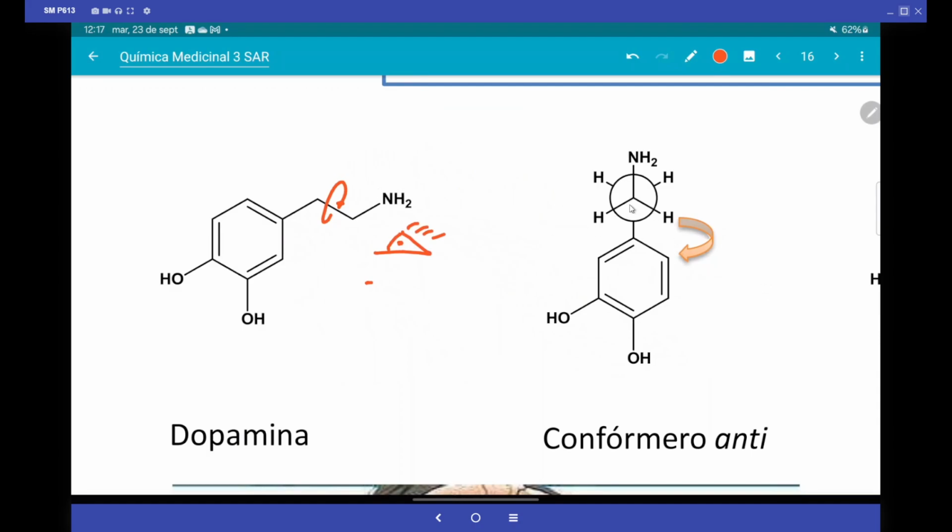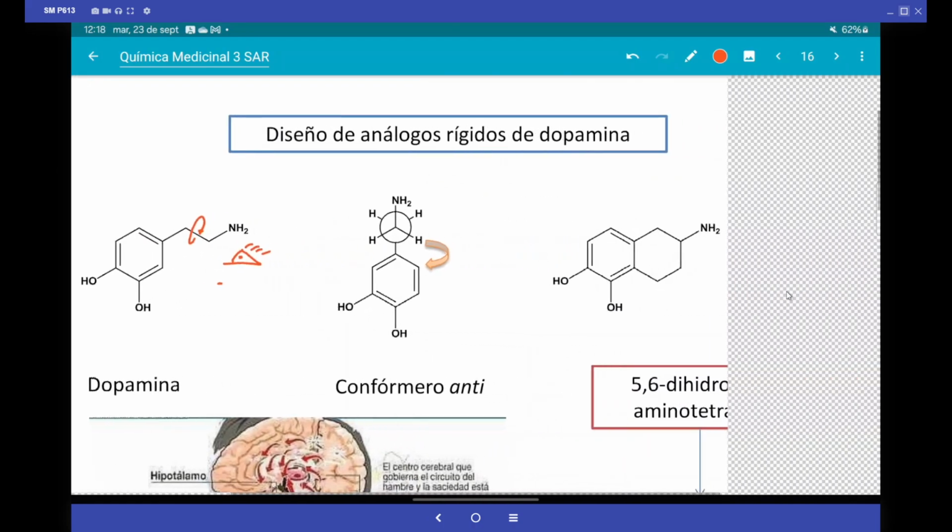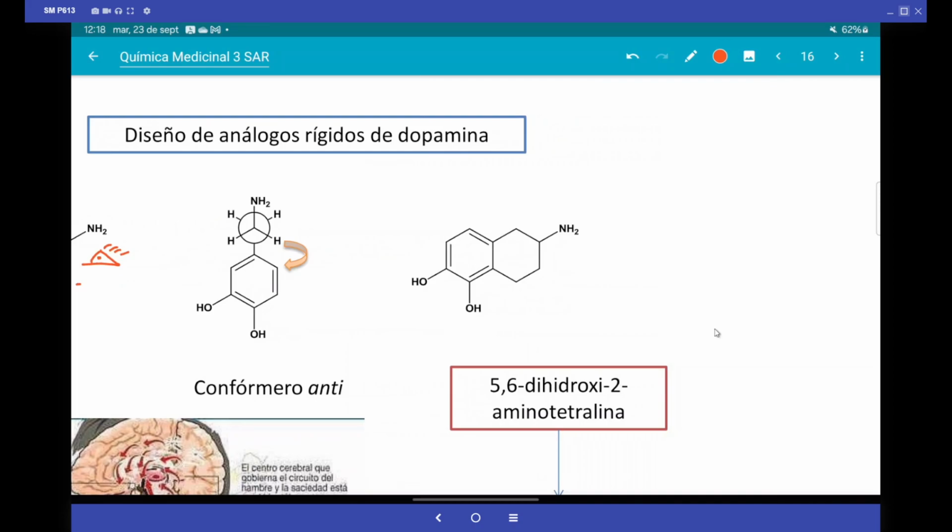And how do we fix this? By incorporating a cycle. We are going to cyclize from this position to here, and that is achieved in this way. There we have the molecule 5,6-hydroxy-2-aminotetralin, which, being cyclized, fixes the anti conformation between the amino group and the aromatic ring.